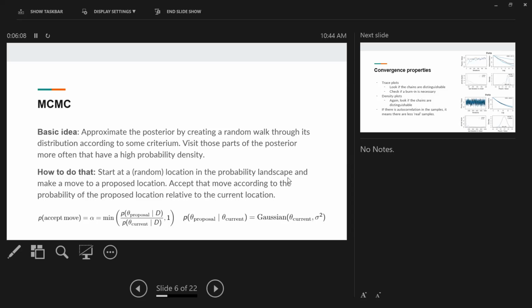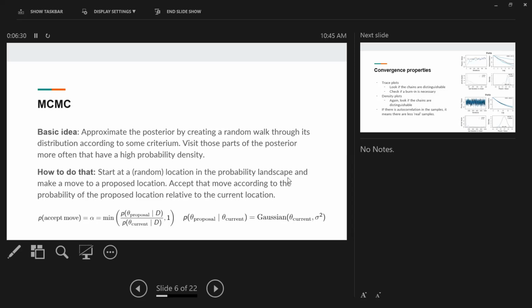So how do you do MCMC? You start at a random location, and then you make a move to a proposed location, to a higher number or lower number, and then we accept that move using this formula.